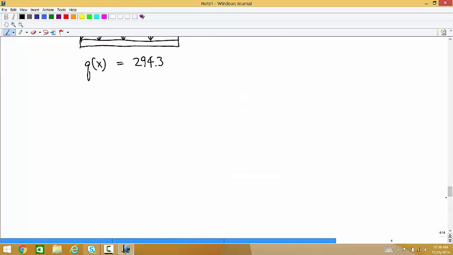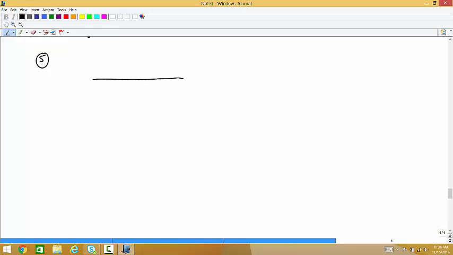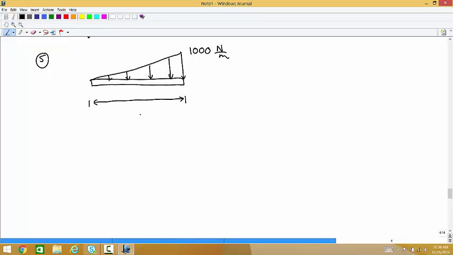Okay, and here's the last one. What number was that? 4. So number 5. You have a distributed load of 1,000 newtons per meter. You have a length of 1 meter. And you have a mass of 50 kilograms.